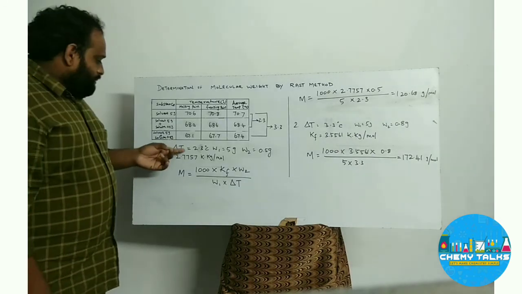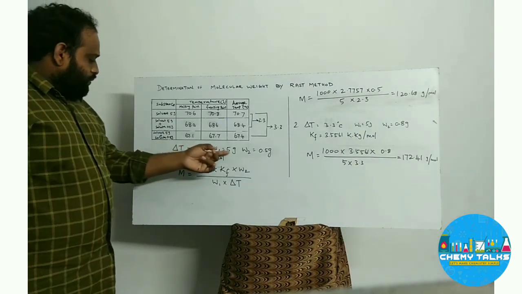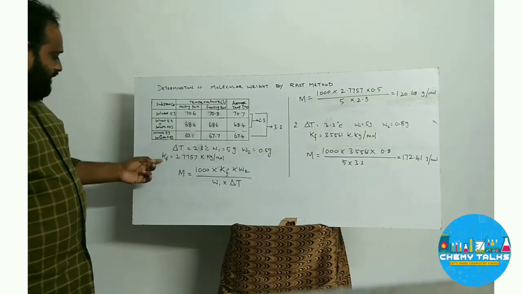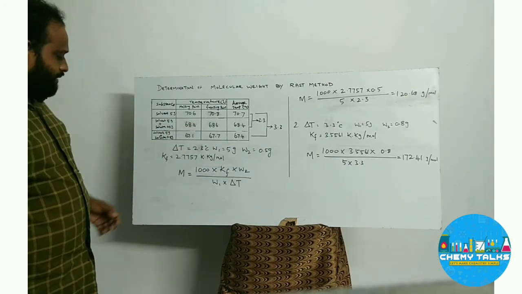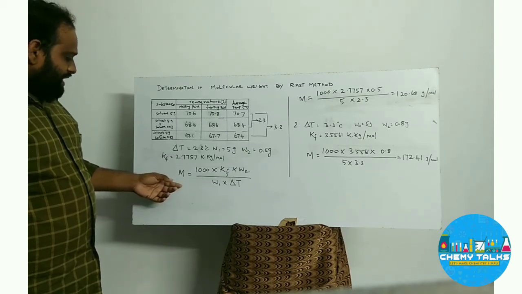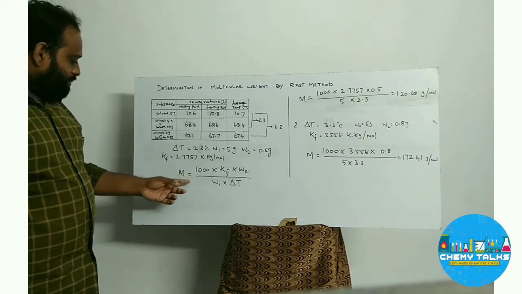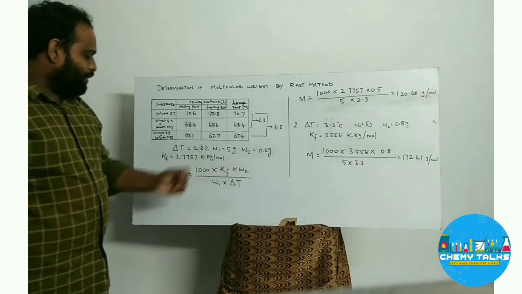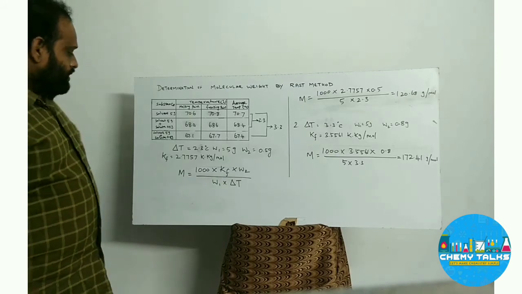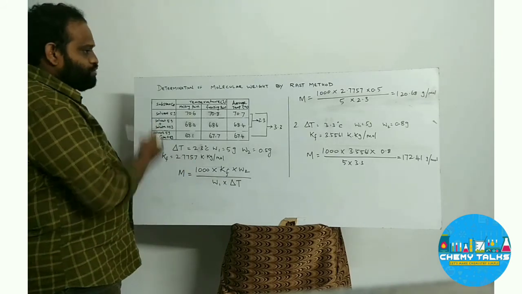Taking the temperature difference, the weights of the solvent and solute, and the Kf we have calculated already, the molecular weight is determined using the formula M is equal to 1000 into Kf into W2 divided by W1 into delta T. So the value of delta T is 2.3.